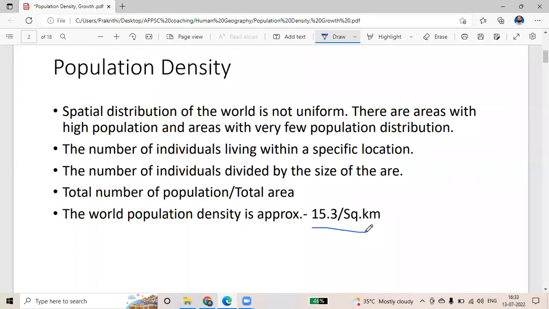Here, the population on the Earth surface is not uniform. Somewhere it is highly populated, somewhere there is few population, somewhere it is moderately populated, and some areas we know there is no sign of population.